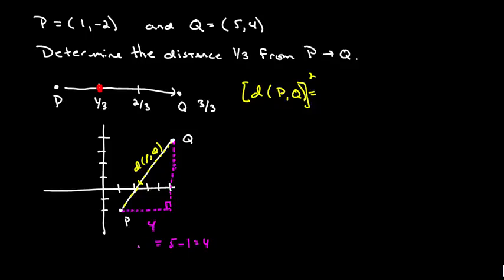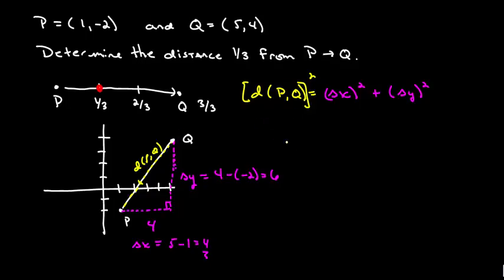That is our change in our x position. It's 4 units. Now let's look at our change in our y position. Well, our change in y goes from -2 up to 4, so that's 6. So it's 4 minus a -2, which is 6. So if you take the change in the x and you square it and you add it to the change in the y squared, that'll be equal to your distance squared.